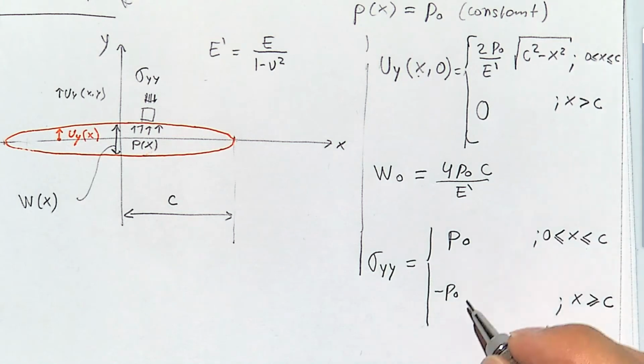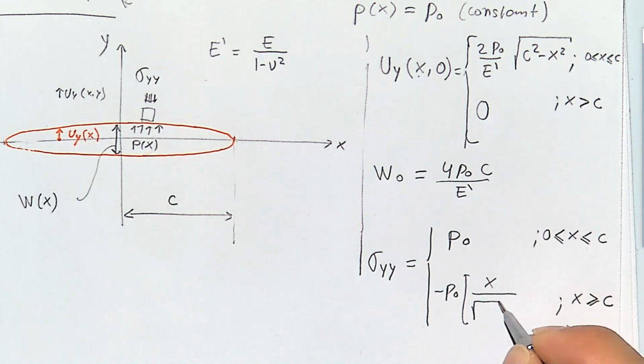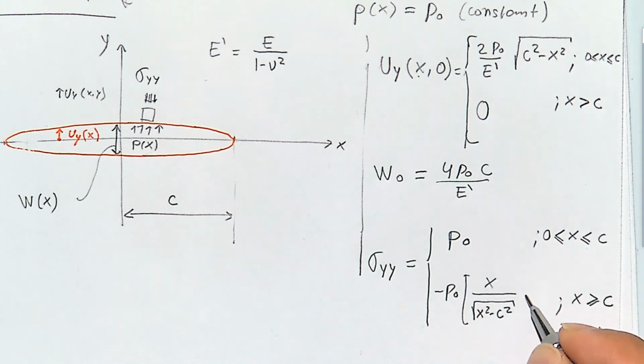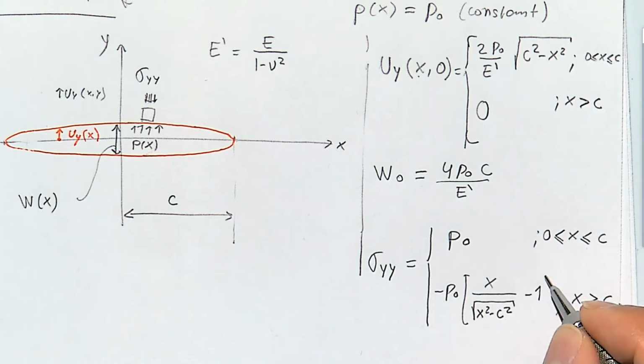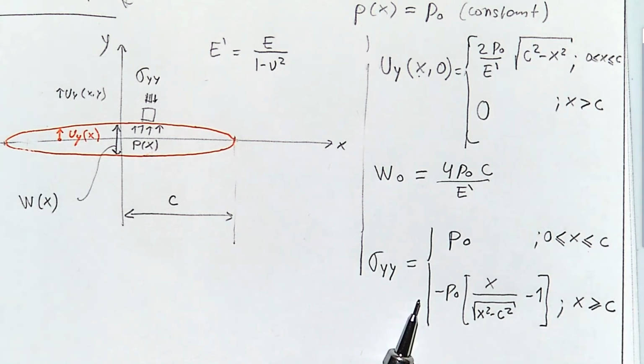It's also proportional to the net pressure, but now it is like that. And what is going to be the value of sigma yy at x equal to c?